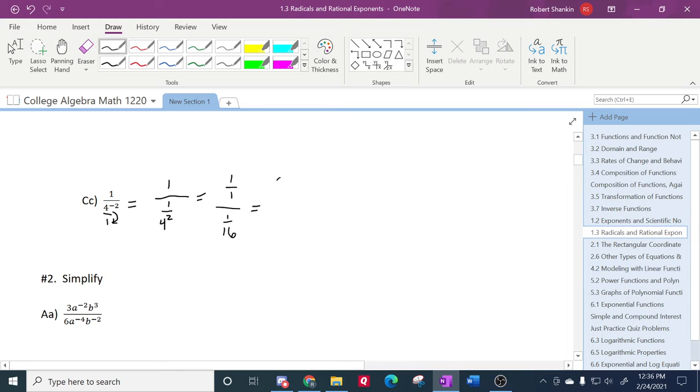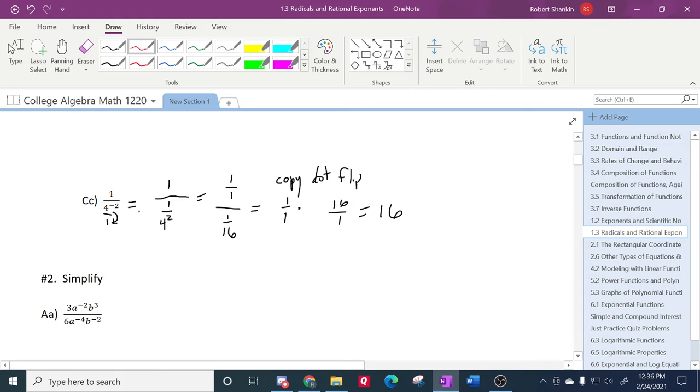And then you do copy, dot, flip. Copy the top one, dot, and then flip the bottom one. And then we get 16.